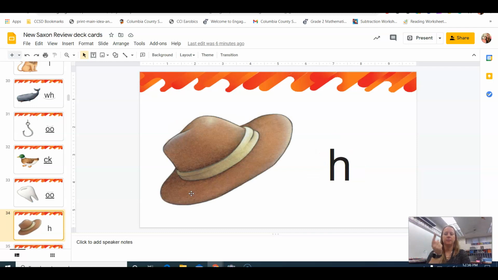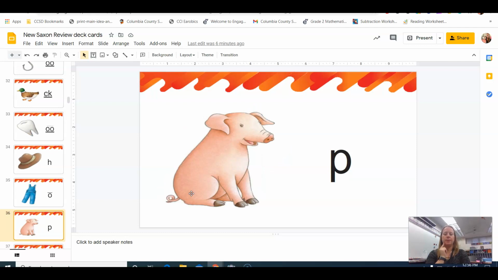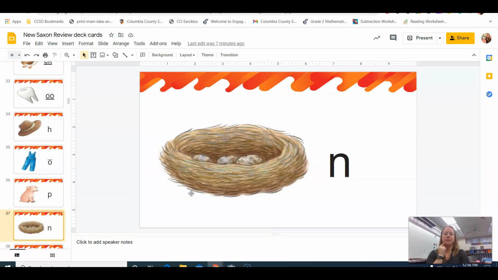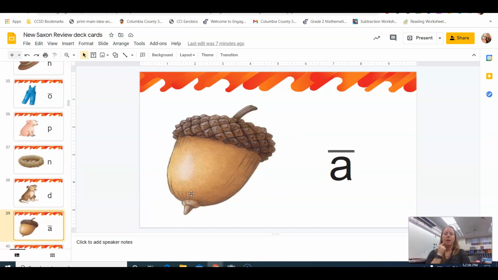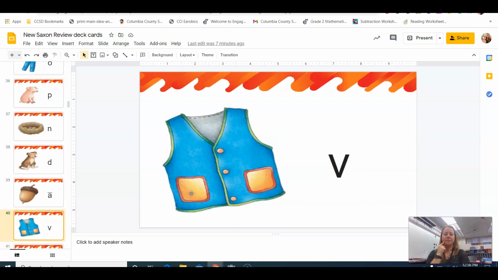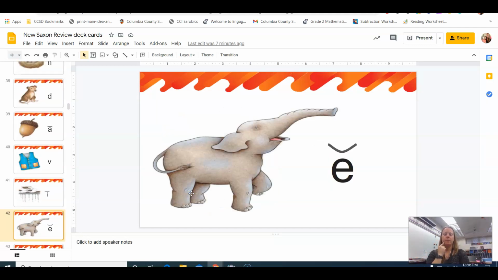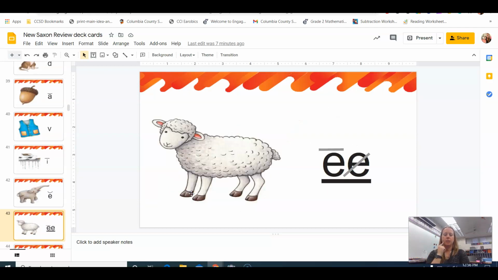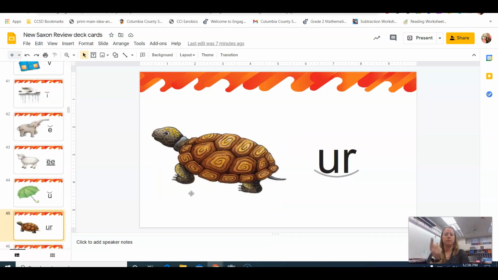Hat h. Overalls o. Pig p. Nest n. Dog d. Acorn a. Vest v. Icicle i. Elephant e. Sheep e. Umbrella a.